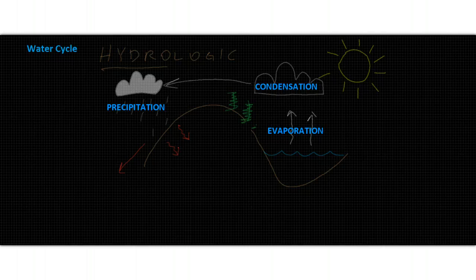Now, when it just moves along the surface of the ground, that is called runoff. And so this arrow here represents runoff. Now when it goes into the ground, that represents percolation. Percolation is when water moves from the surface and goes into the ground.